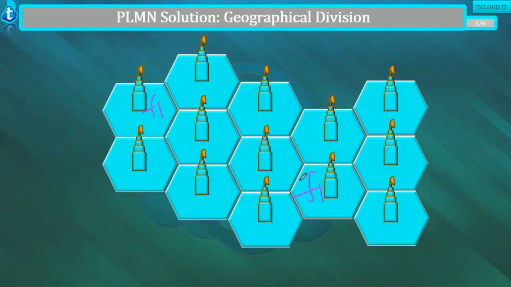We can buy only a limited amount of frequency, divide that frequency into some number of pieces, and allocate it to different cells. We are making sure that all the adjacent cells do not have the same frequency. All adjacent cells will have a different frequency for sure, but we can keep repeating these frequencies somewhere else.